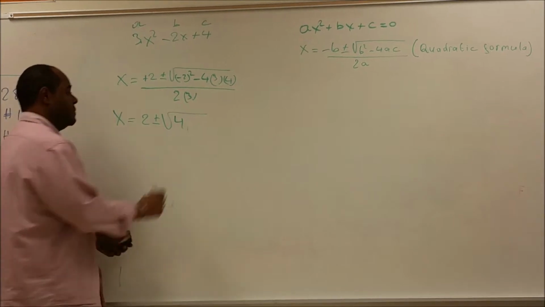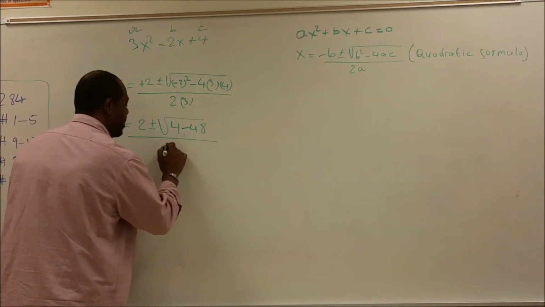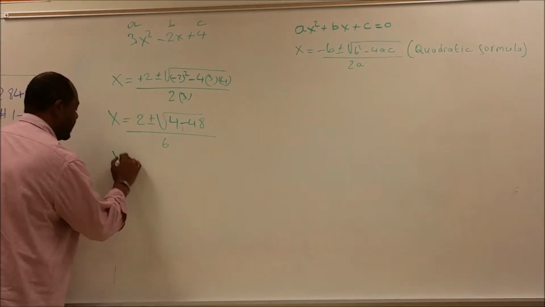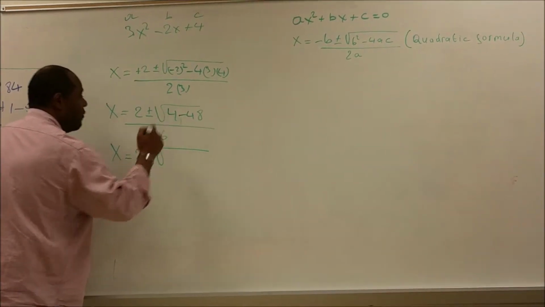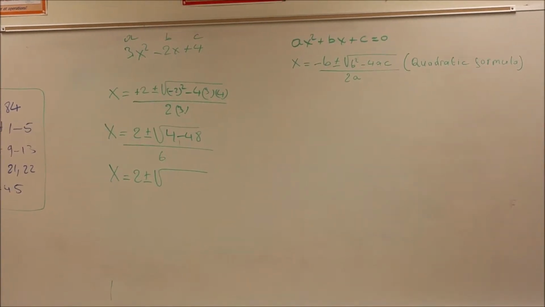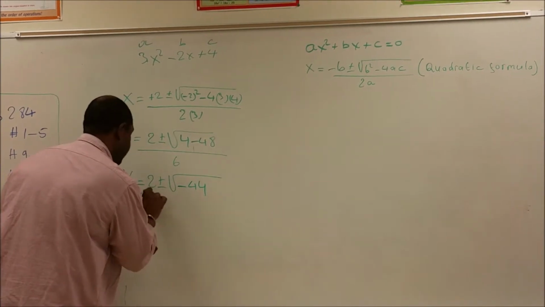Negative 48. And then this entire thing is going to be over 6. Now, let's simplify the radical. x equals 2 plus or minus, 4 minus 48 is what? Negative 44. And then this entire thing is divided by 6.